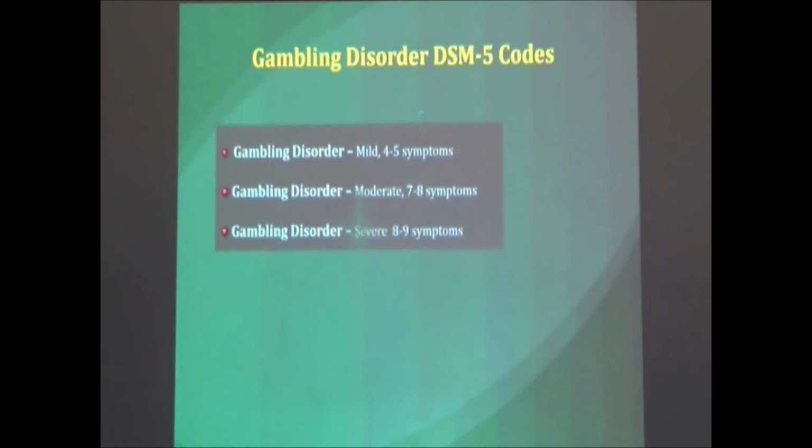So I'm just going to give you the coding for gambling disorder. It's gambling disorder, mild, moderate, severe, based on the symptom count. And this is the DSM-5 and the ICD-10 diagnostic code.